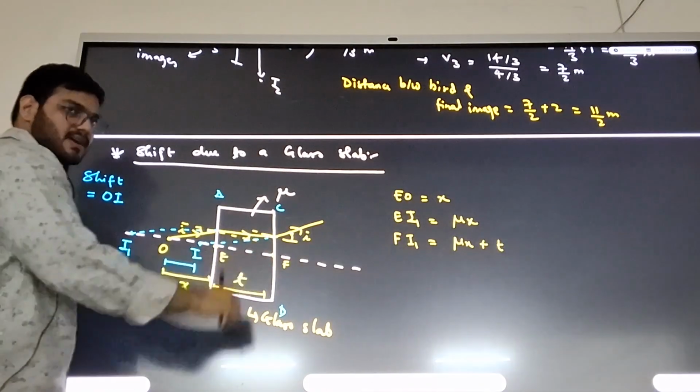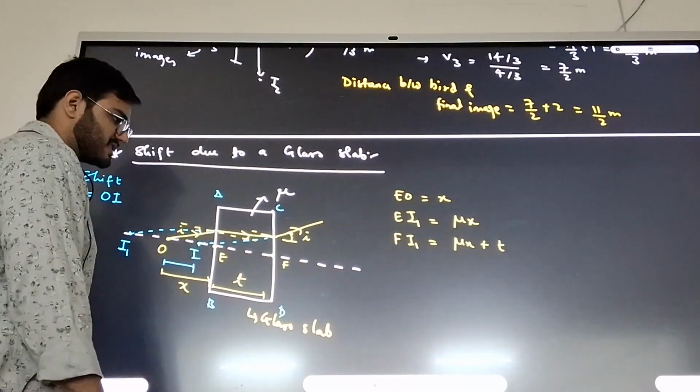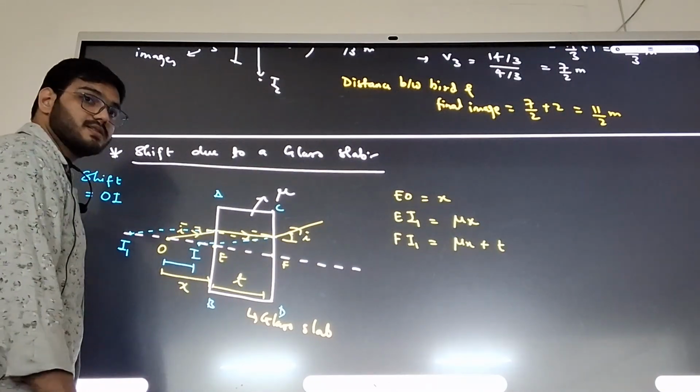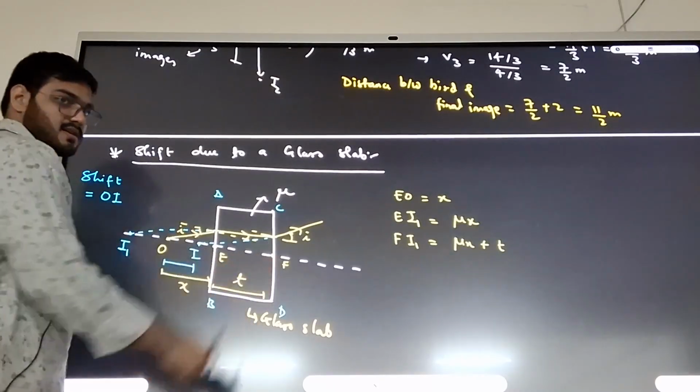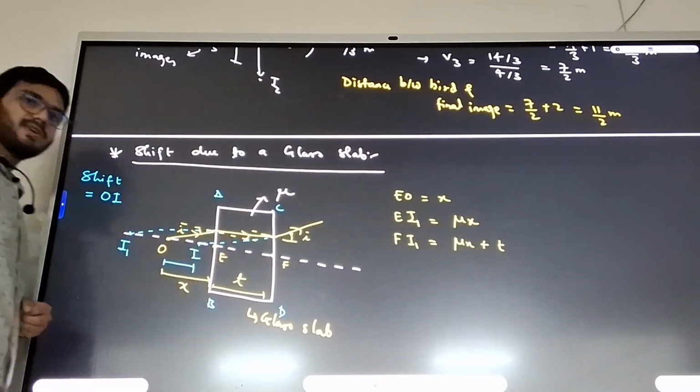Second refraction occurs. In the second refraction, what is the object? This is the object distance.